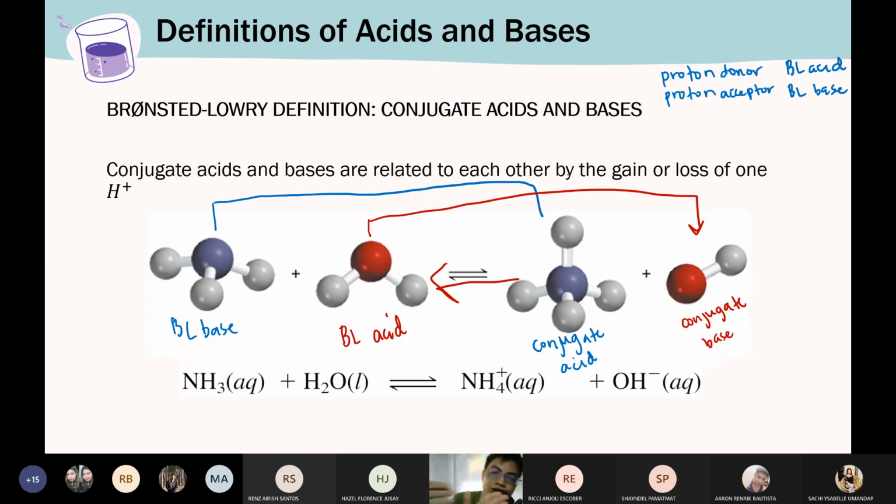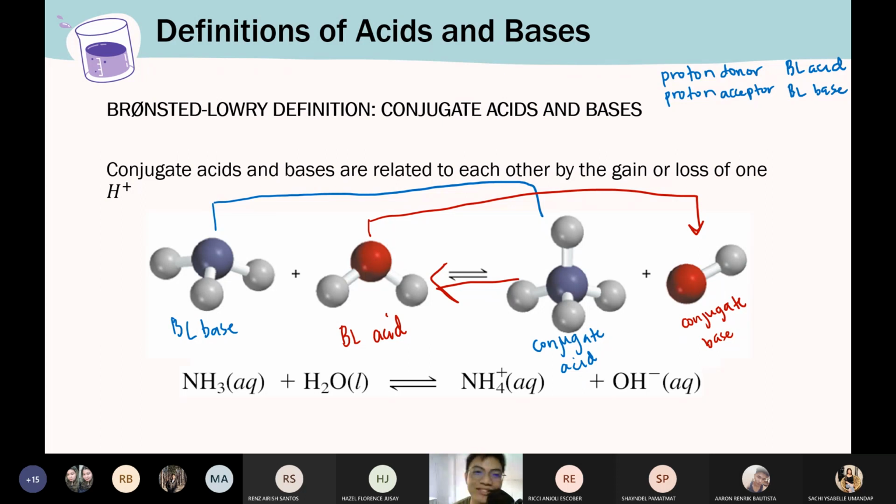So, basta yung reaction pabaliktad, lalagyan mo ng term na conjugate. Okay? Because if we look at the opposite direction, ito ngayon yung kailangan maglabas ng H. Tapos ito ngayon yung tatanggap ng H. Diba? Pero, affix the term conjugate kasi opposite yung direction. Okay? So, okay. Okay ba yan?